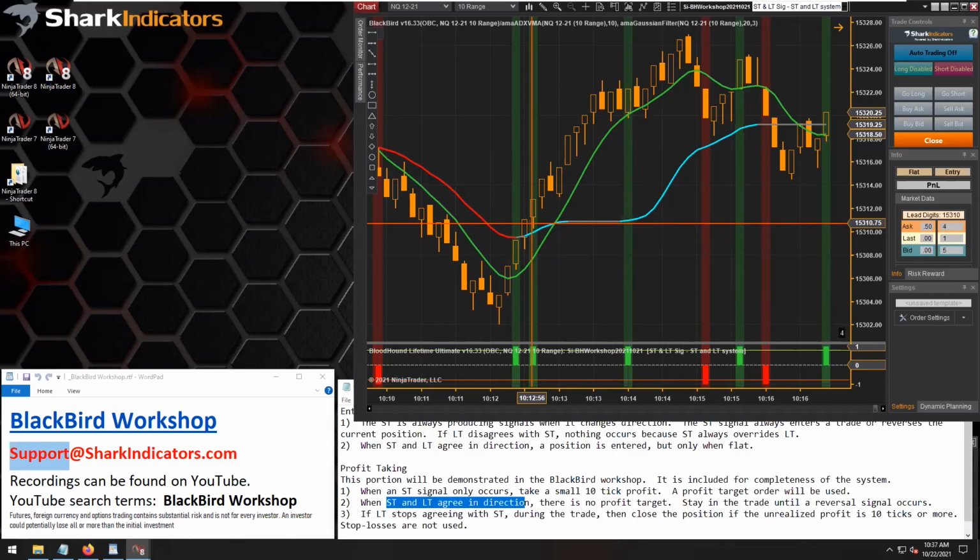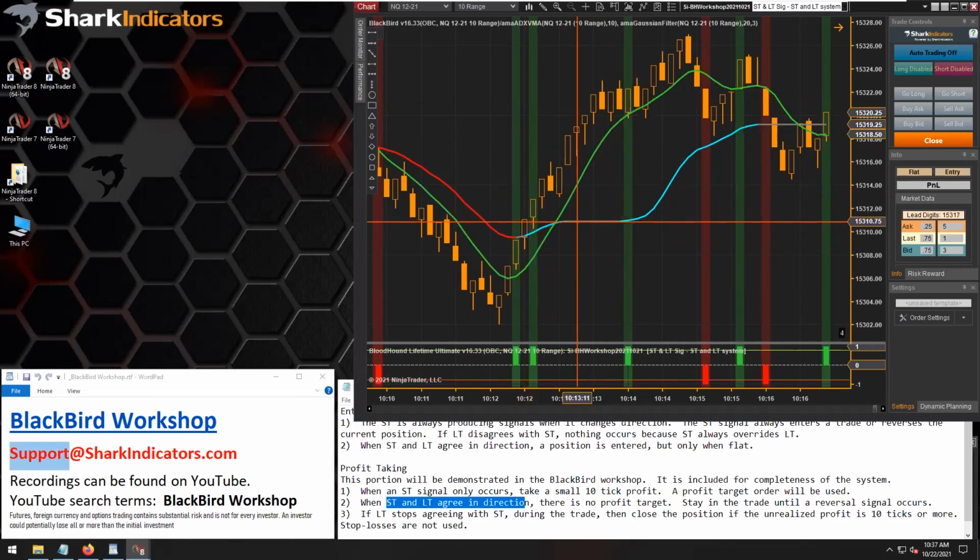So hopefully, the point is that when the long-term and the short-term indicators are in agreement, there's going to be a longer trend run. Therefore, you cancel the 10-tick profit target and just go along for the ride.